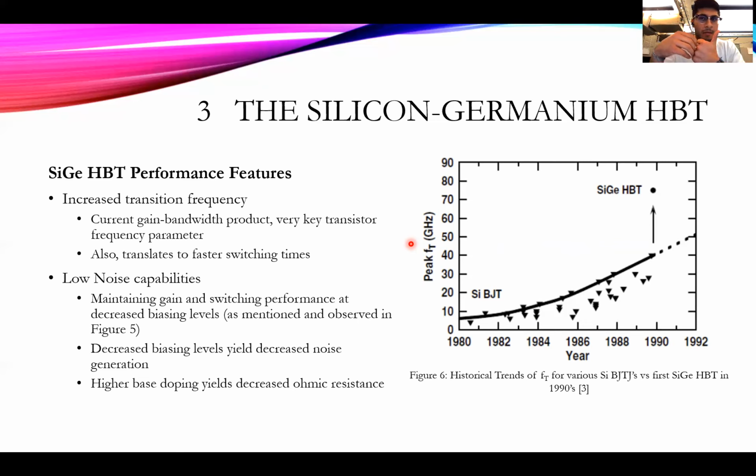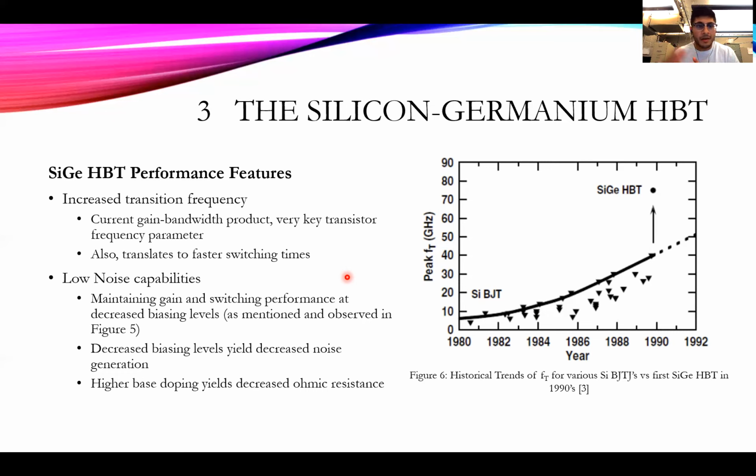There are two things. Higher doping of the base will allow for a decreased ohmic resistance of the base, therefore decreased thermal noise generation. And then also, decreased biasing levels will decrease the shot noise in the transistor, because shot noise is proportional to the biasing current of our transistor, and specifically the collector current.